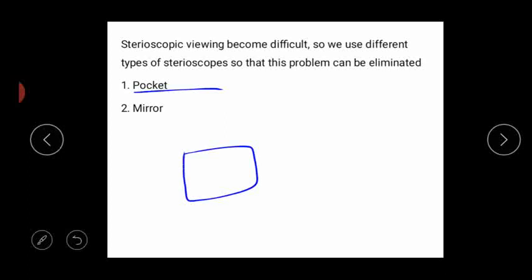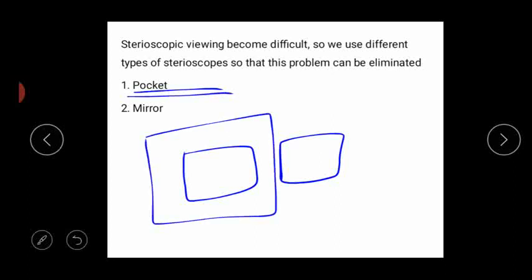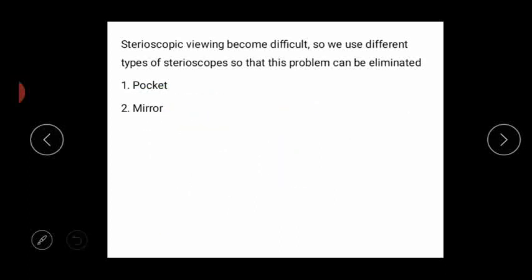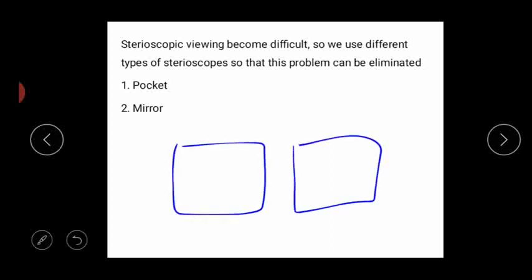When the photo area is very small, then we go with the pocket type of stereoscope, and when the area of the photo taken is very large, then we go with the mirror type of stereoscope.